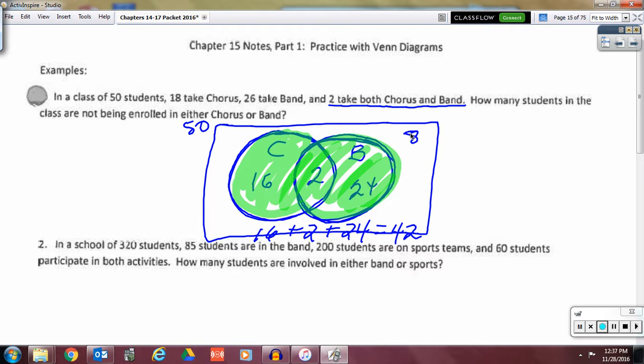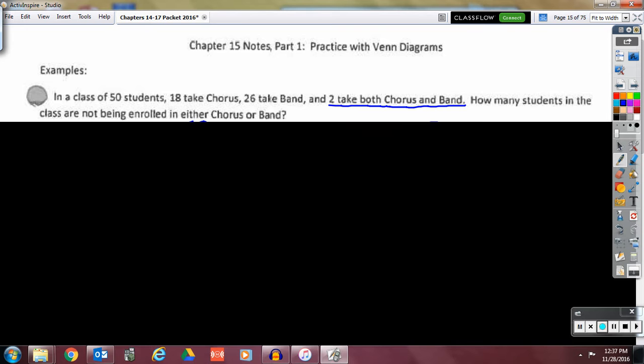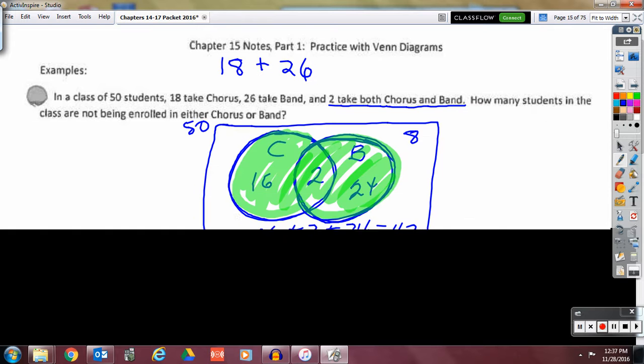Now, upon drawing a Venn diagram, absolutely, that's the way I would do that, is add up those 3 sections. If you do not have a Venn diagram and all you did was go from the wording, then you could accomplish the same thing by saying, I want the 18 chorus plus the 26 band, but watch what happened when I did that.